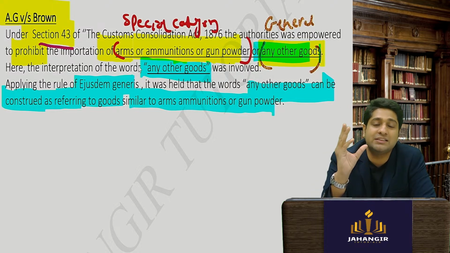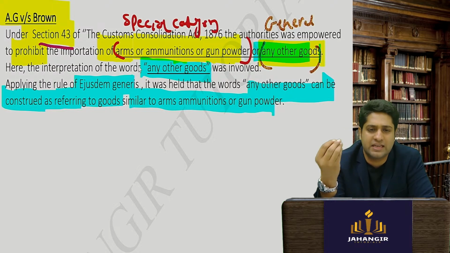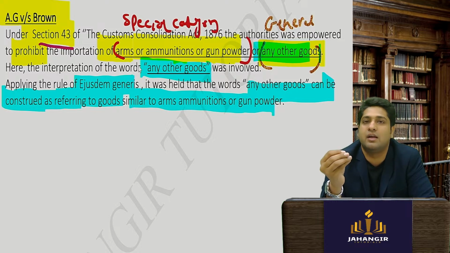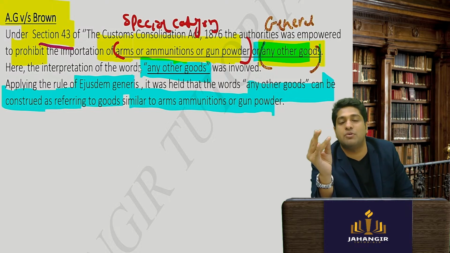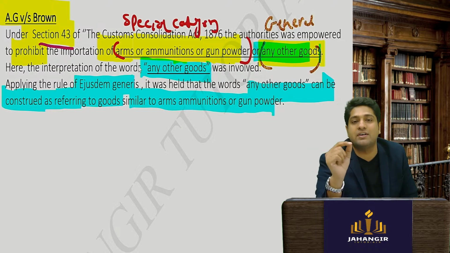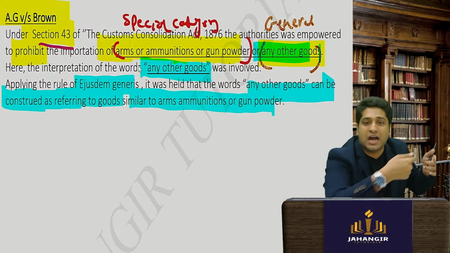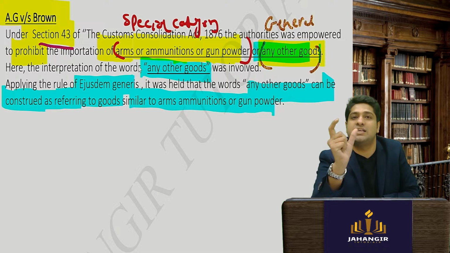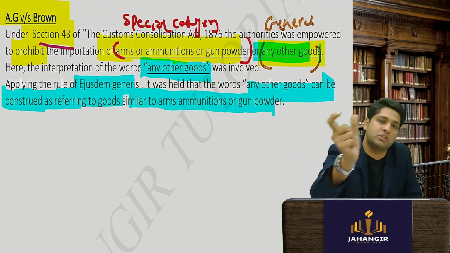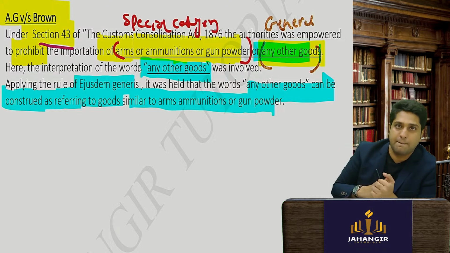So which is the general word here? Any other goods is a general word. The special category words are arms, ammunition, gunpowder. So whenever certain general words are coming after certain special category words, then these general words will have a meaning restricted to these special category words. Now certain conditions are there.